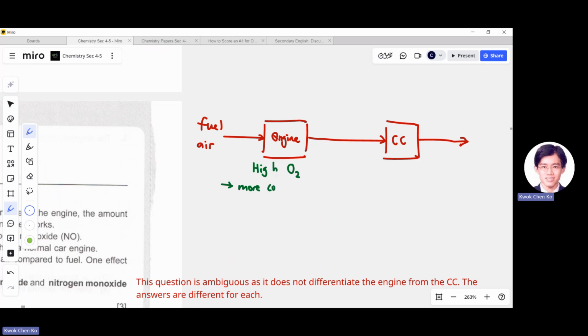More complete combustion means you're likely to find less CO. Can Dylan take note? You have more oxygen, more air, more complete combustion, so less CO in the engine.